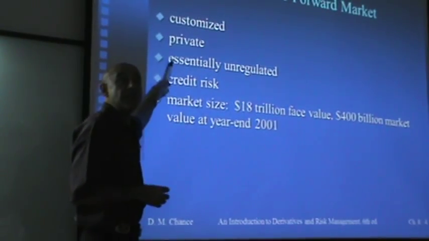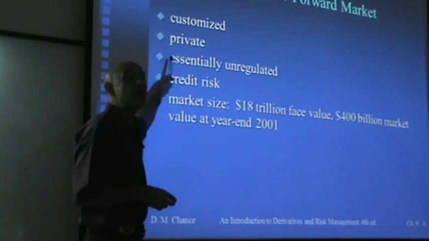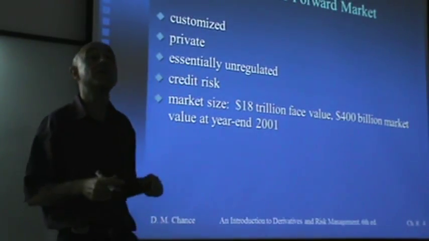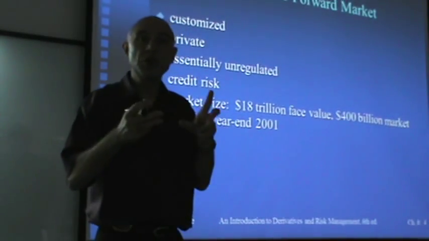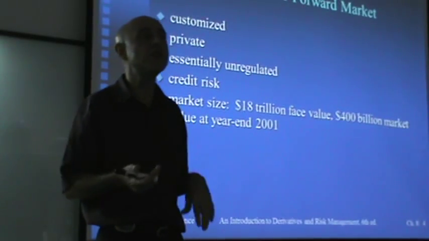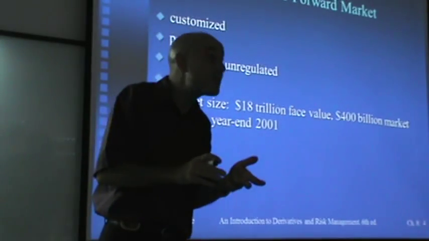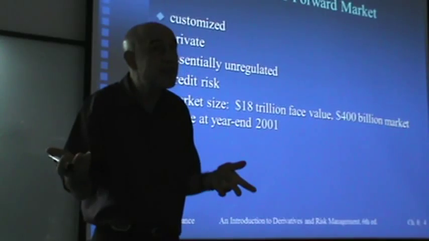The best advantage which a lot of financial institutions recognize and a lot of market participants recognize is that this over-the-counter market is mostly unregulated. You can structure the contract the way you want. You don't have to disclose any information. You can do anything you like. You can ask for any type of security if you want, or there may be not any security at all.